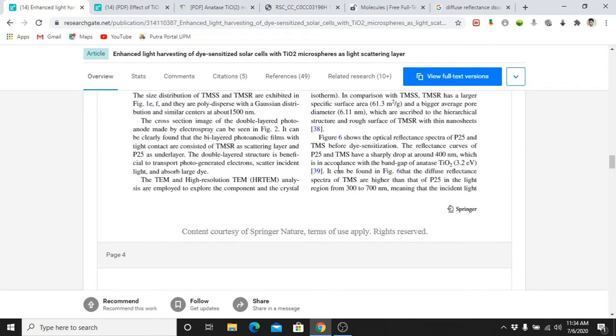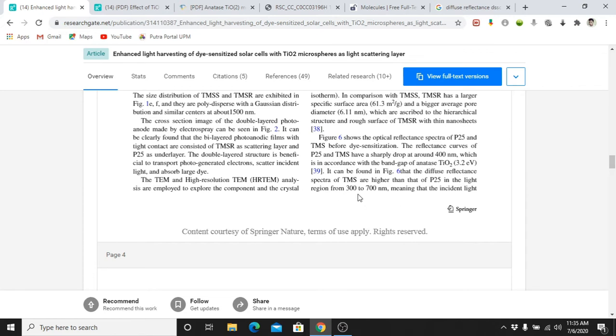As you can see here, they said that figure 6 shows the optical reflectance spectra of P25 and TMS before dye sensitization. The reflectance curves of P25 and TMS have a sharp drop at around 400 nanometers. It was found that the diffuse reflectance spectra of TMS are higher, as we discussed earlier. The modified one is higher than P25 in the light region, where the x-axis is the wavelength.